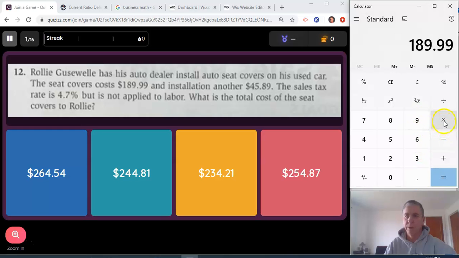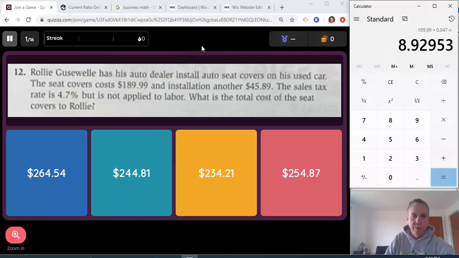$189.99 times 0.047. 8.92953. Now for the moment, I'm going to hold that entire value there. If we were to round this, this would be $8.93.